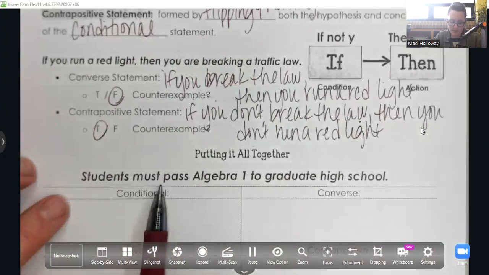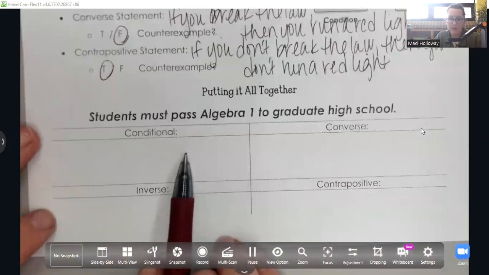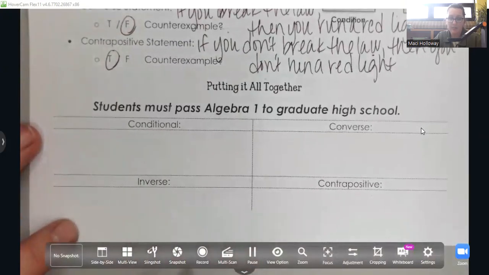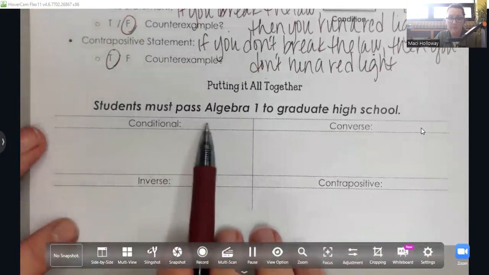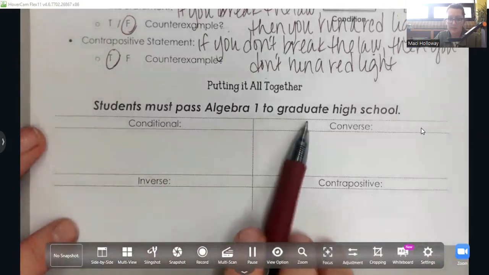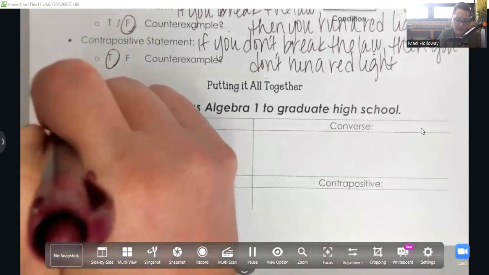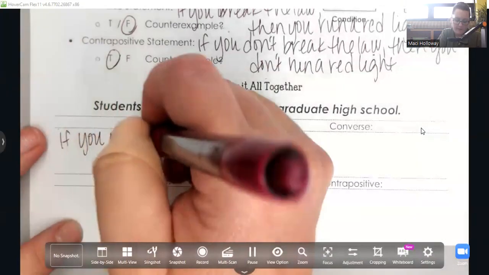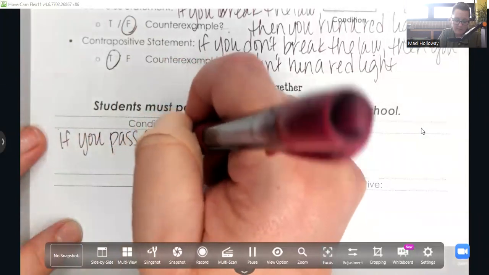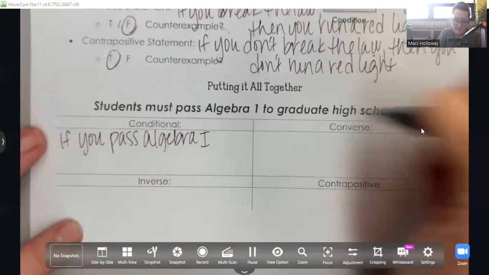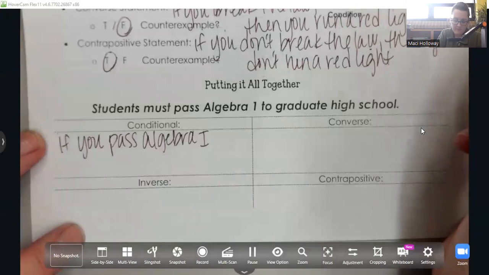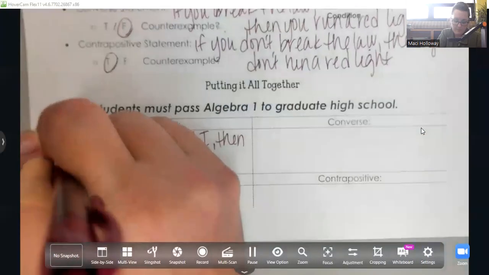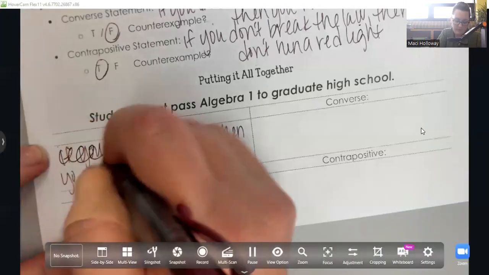So students must pass Algebra 1 to graduate high school. So your conditional, let's change it to an if-then statement, okay? Students must pass algebra to graduate high school. If you pass algebra, oh, nope.